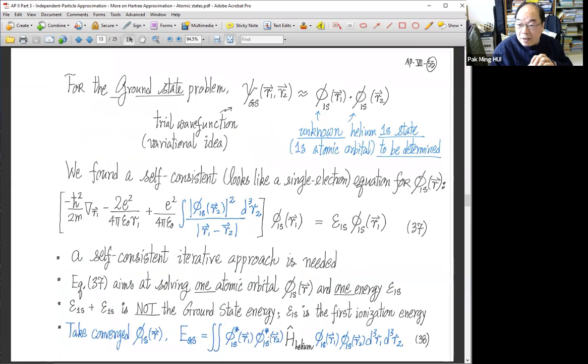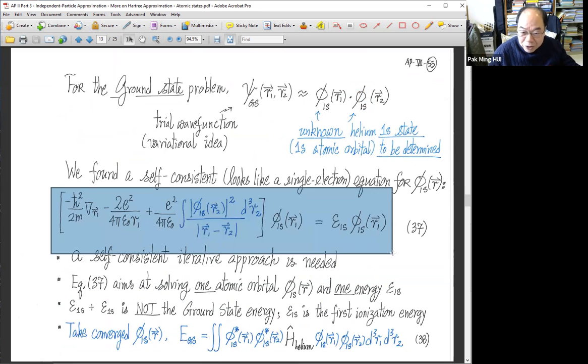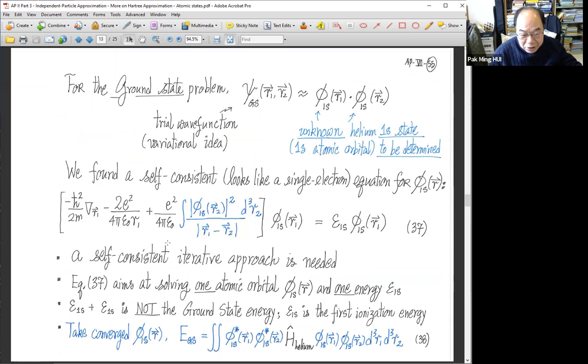And then at the beginning of today, we said we are looking for the ground state, one electron in some unknown 1s, another also in the unknown 1s, and then we have a self-consistent equation to solve, okay? So this can only be done in an iterative way, and then we can get the answer. Then after that, you get the best estimate single particle state. We are not done yet.